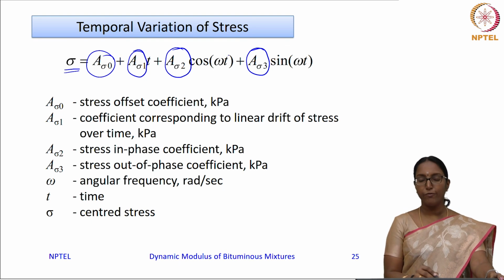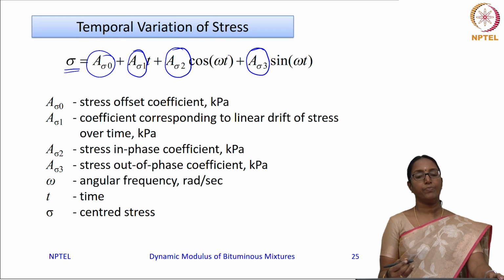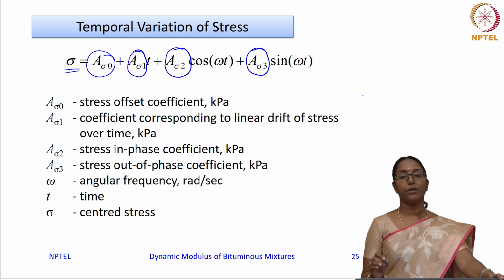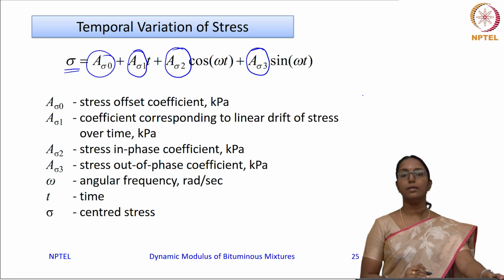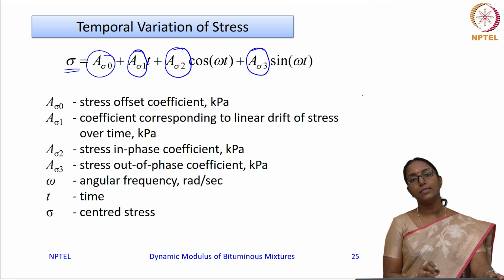So I have 4 different coefficients, and these coefficients can be obtained using any curve fitting algorithm. You have to understand that there is no model used here; it is just a fitting of that curve with a series like this.